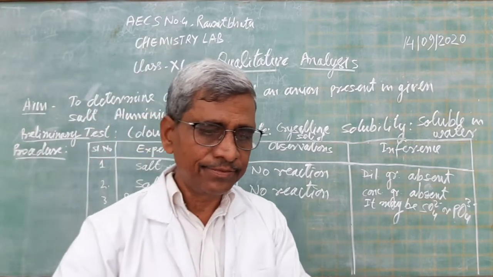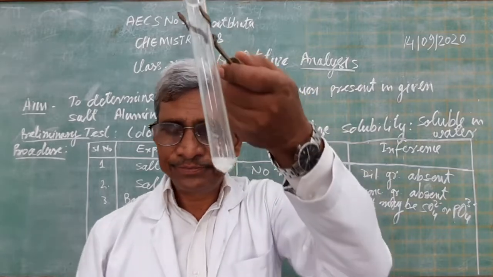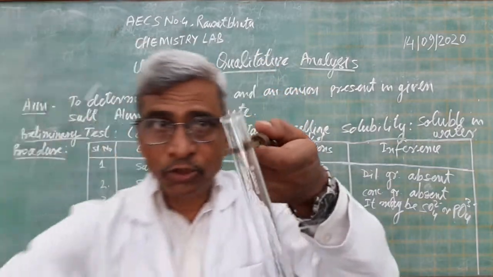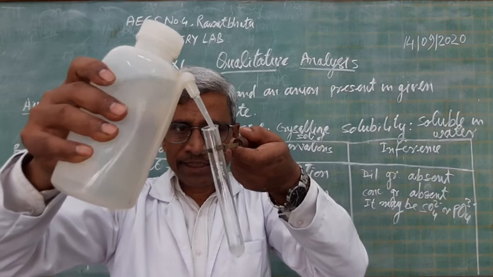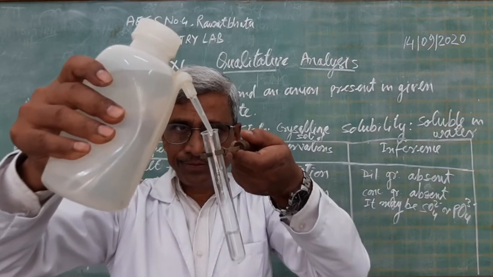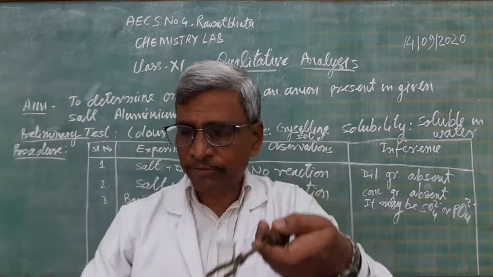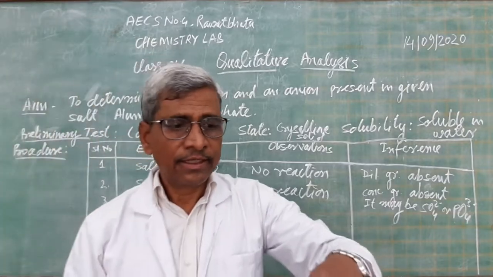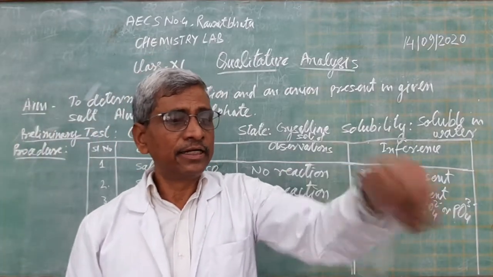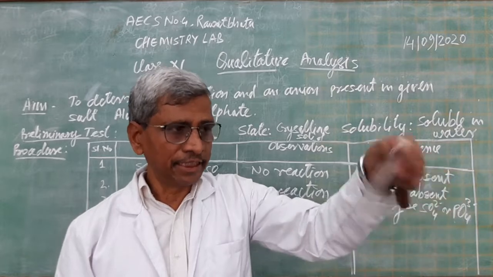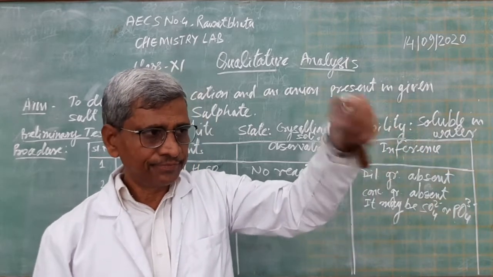Take the salt again in the test tube. Here is the salt. Add water to this salt to make its aqueous solution, near about 1/3 of the test tube, and dissolve it by shaking in this way.